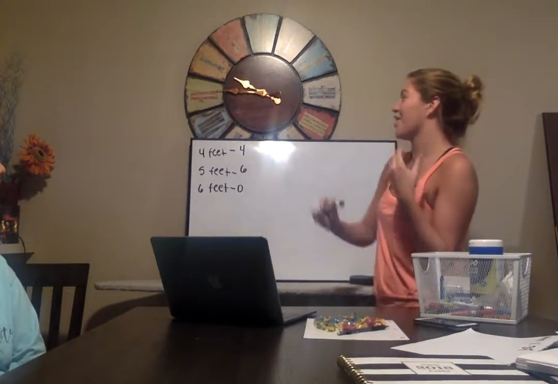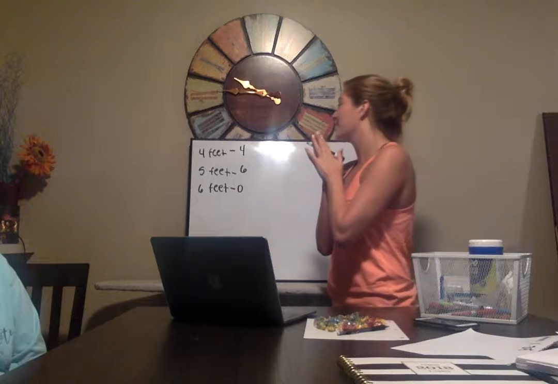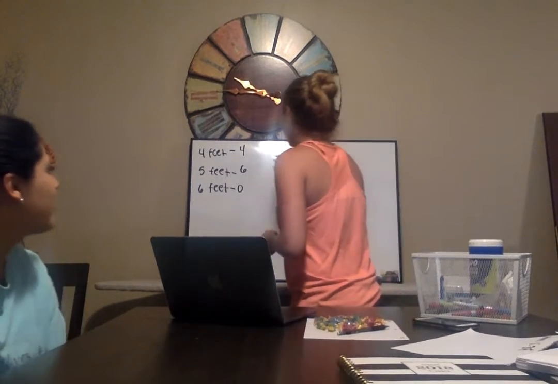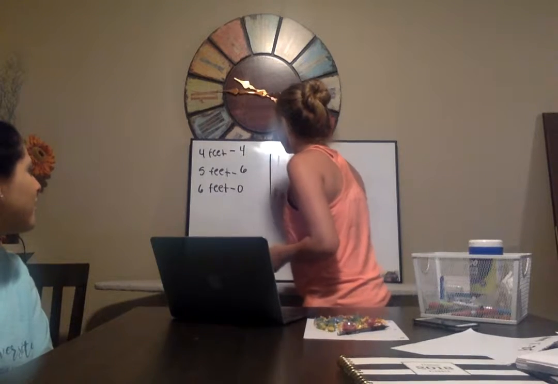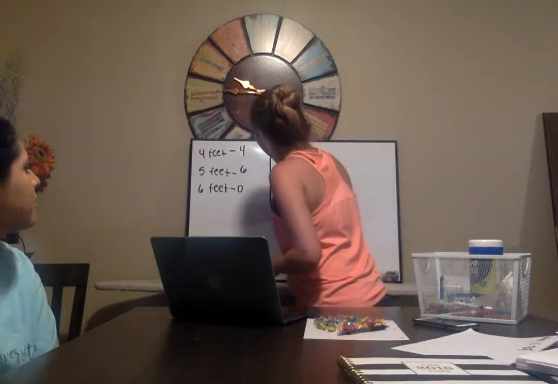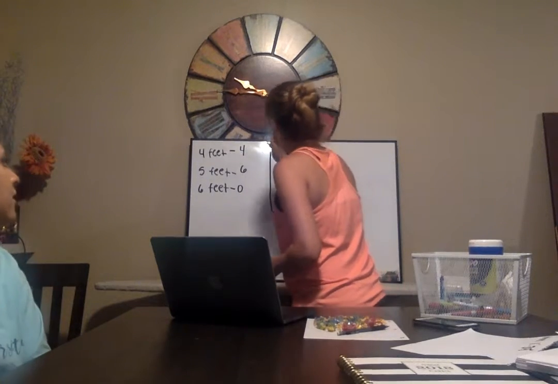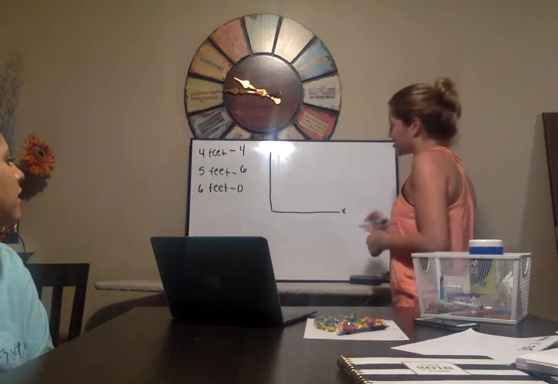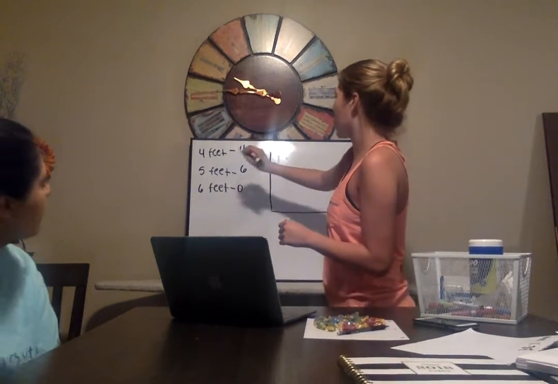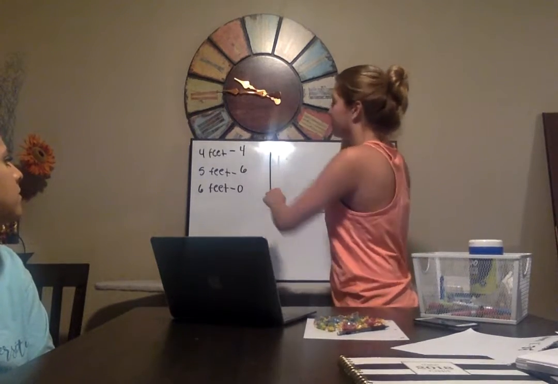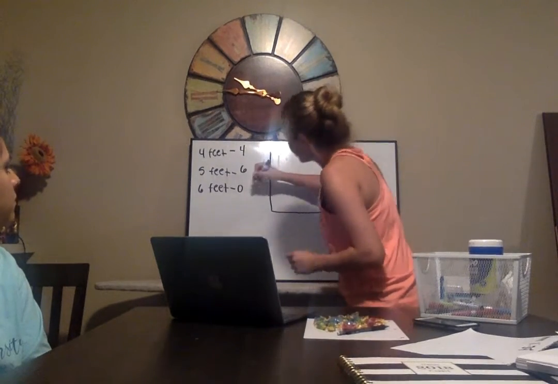So now we have to put our data into a bar graph. Okay, so let's start like we did in the last examples that were correct. We are going to start with the y-axis, and this is our x-axis, horizontal. Okay, so first we're going to do the feet on the y-axis.